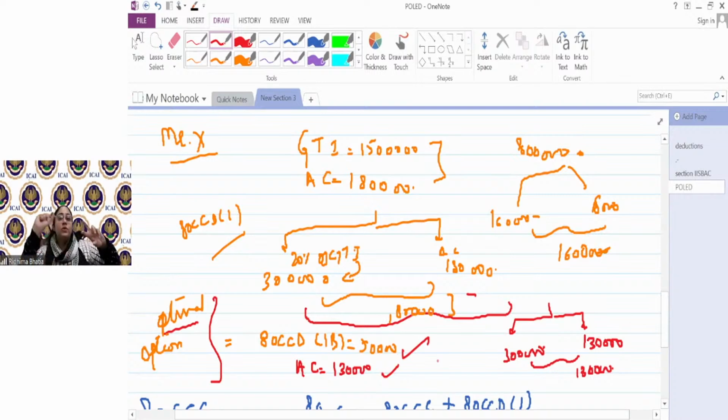So 130, suppose I have 20,000 in 80C, so that 130 plus 20 combined, I am able to claim 150 together. But if I had taken the other approach, I would have only been able to claim 180 under 80CCD1, and that would have gone with my 80C limit if any, and in 80CCE I would have hardly claimed 150. In this way you should understand how optimally a person can use 80CCD1B.